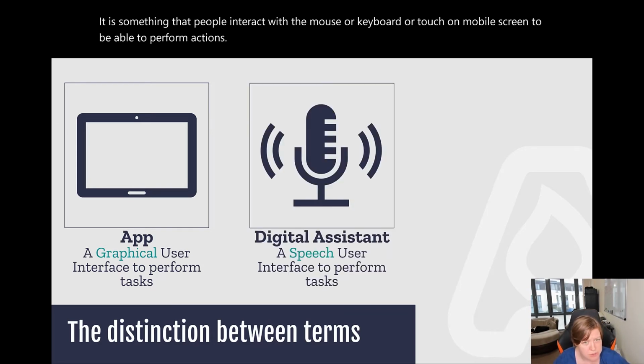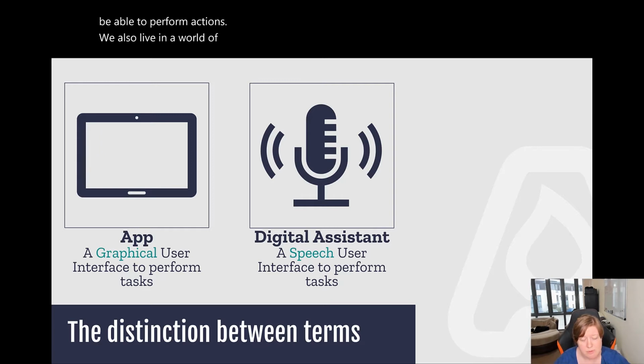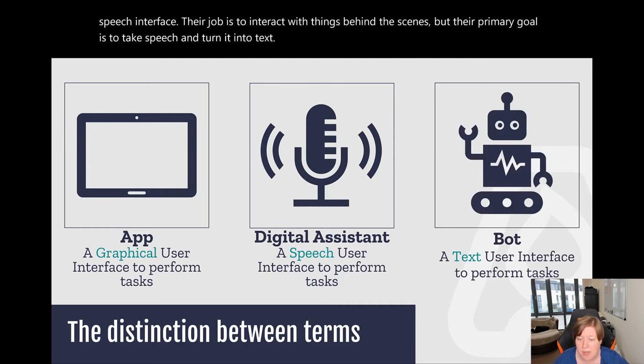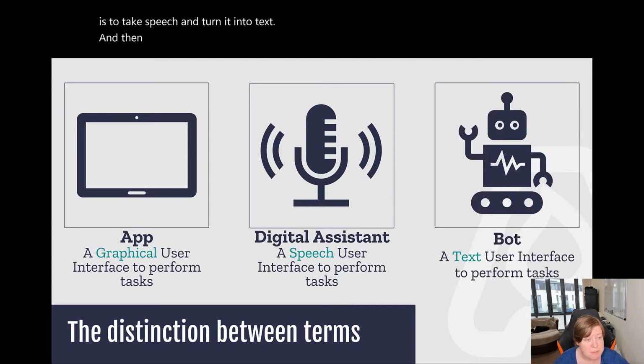We also live in a world of digital assistants now with Siri and Cortana, and these are a speech interface. Their job is to interact with things behind the scenes, but their primary goal is to take speech and turn it into text. And then finally, a bot is fundamentally a text interface for performing tasks.